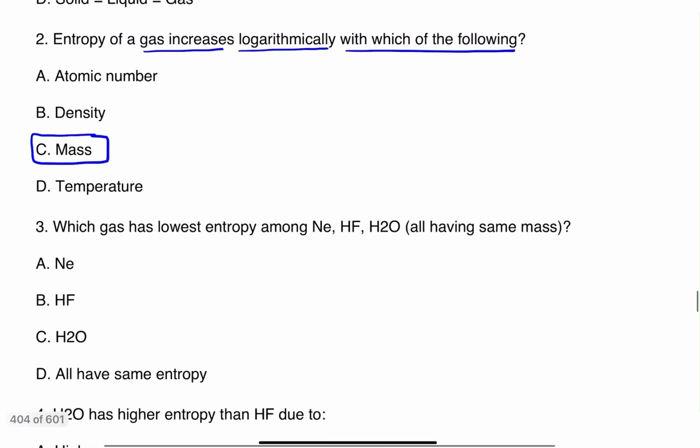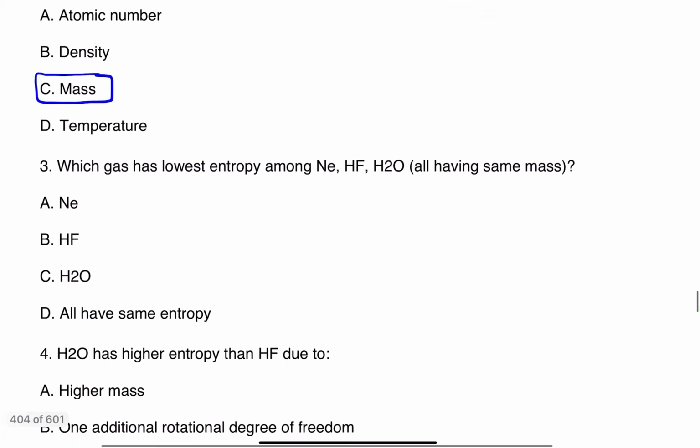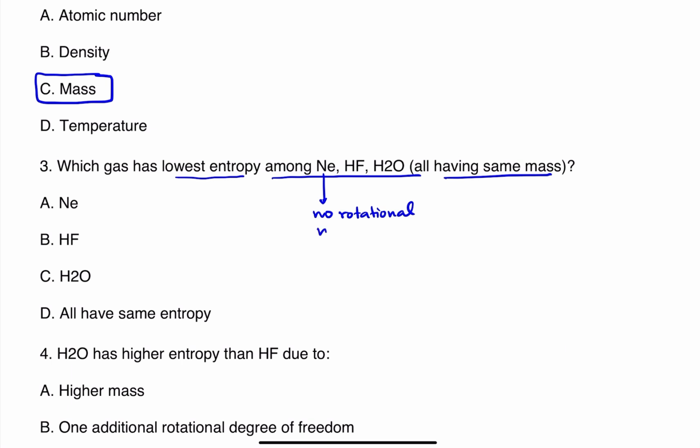Coming to next, which has the lowest entropy among these, all having the same mass? So if you see, neon is monatomic, right? And neon has no rotational or vibrational degree of freedom.